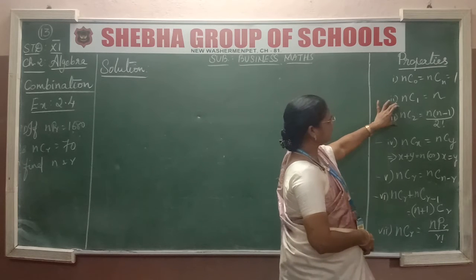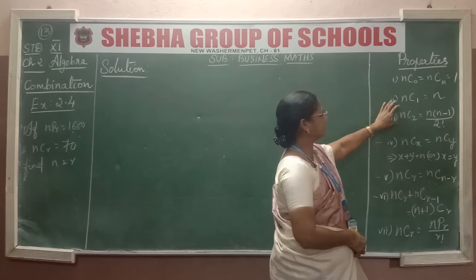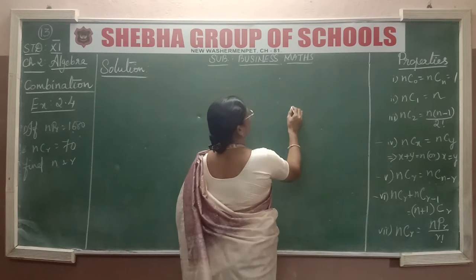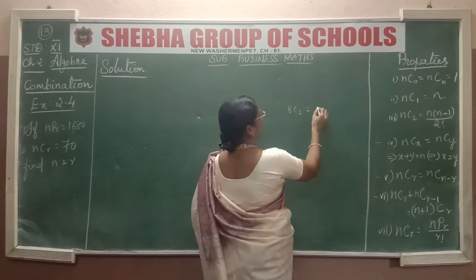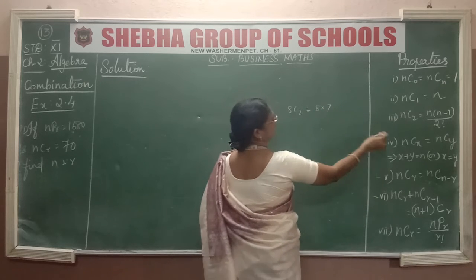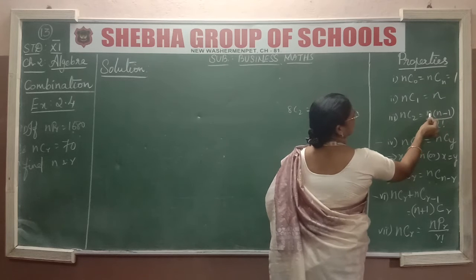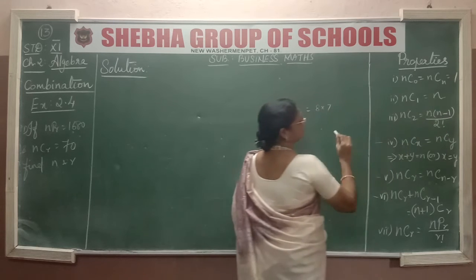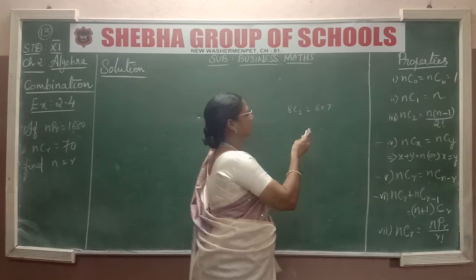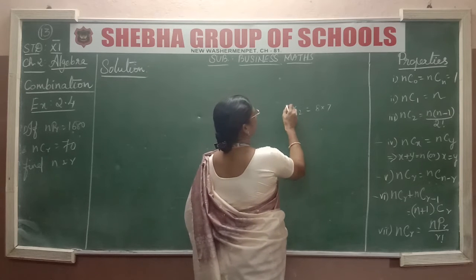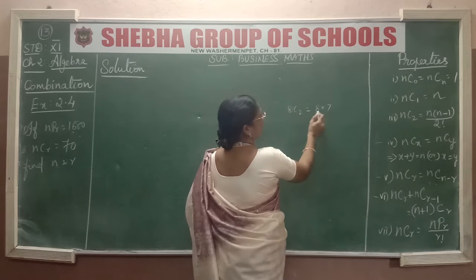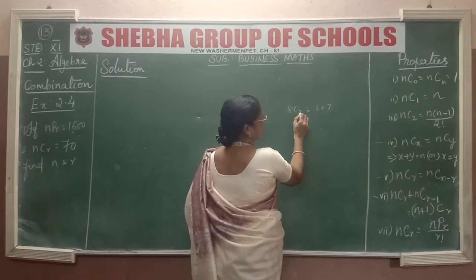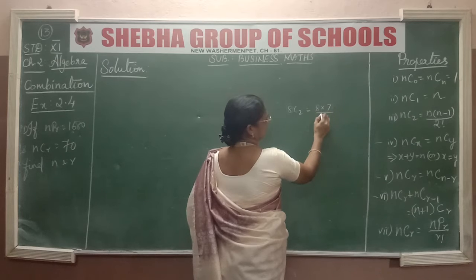And nC2, this is the short form. Listen, suppose 8C2. We can write this as 8 into 7, n into n minus 1. That is, we write in descending order, starting from n. Similarly, 8C2 means we write the descending order from 8 up to 2 terms, by 2 factorial.